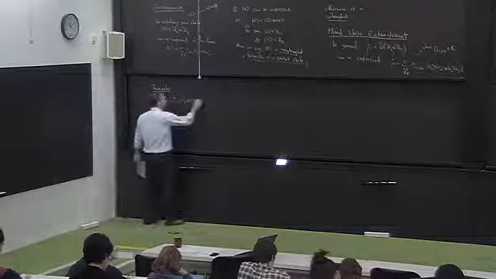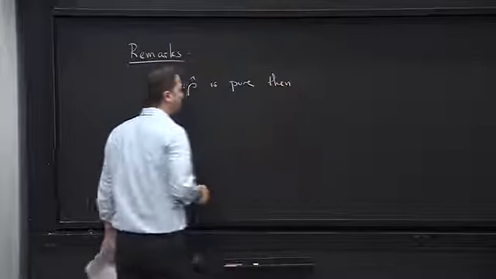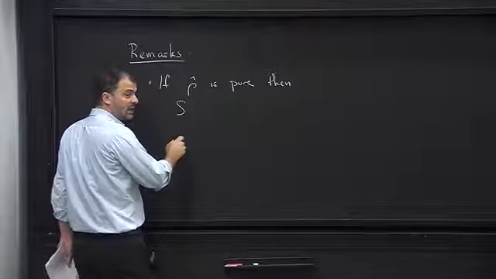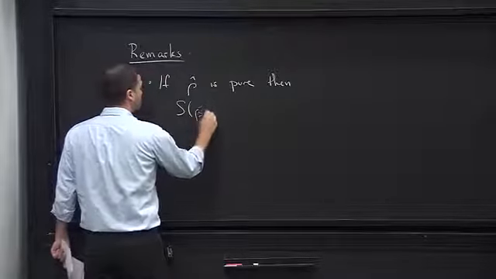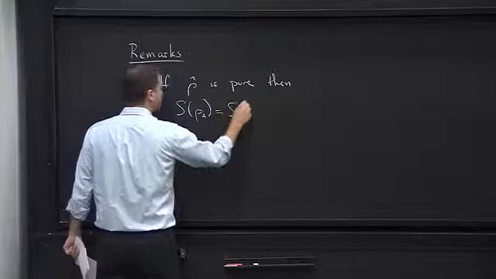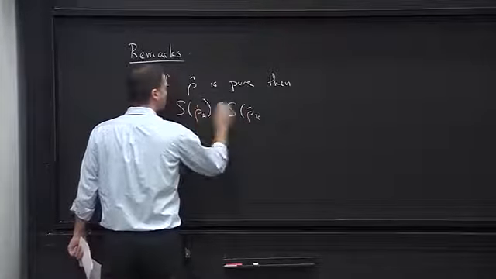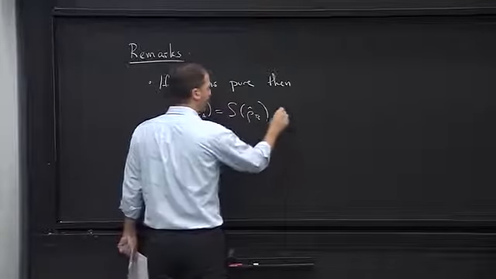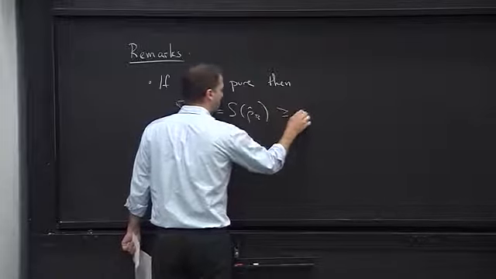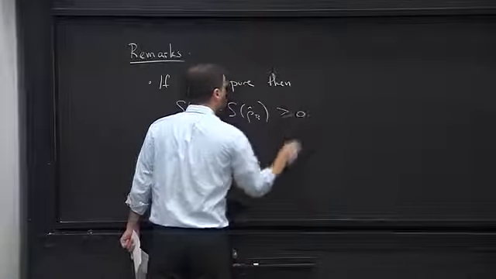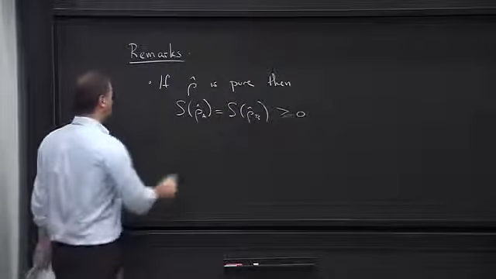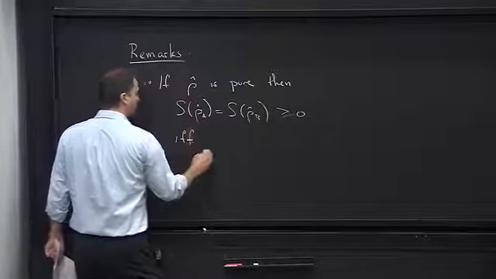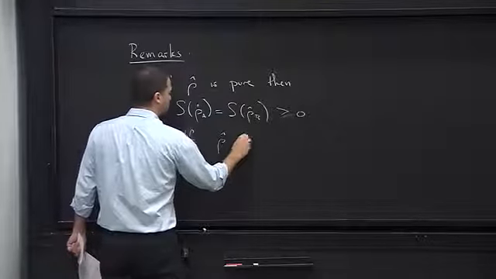If rho is pure, then the von Neumann entropy S of rho A, which is always equal to S of rho B, will be greater than 0 if and only if rho is entangled.